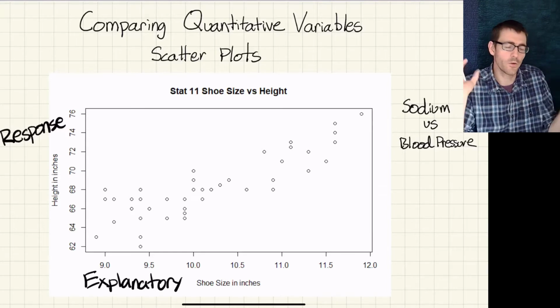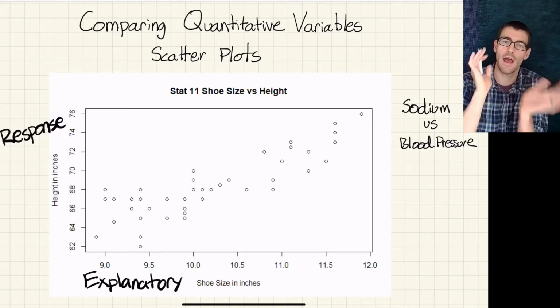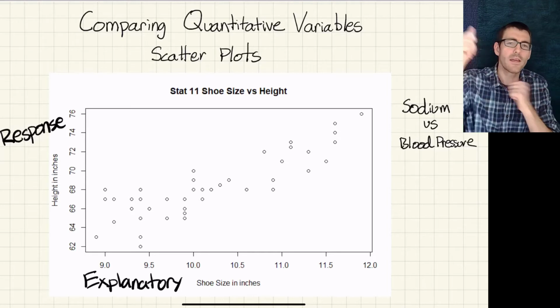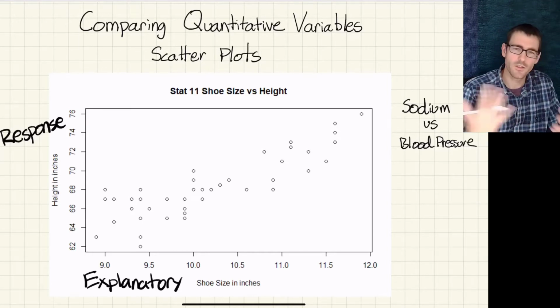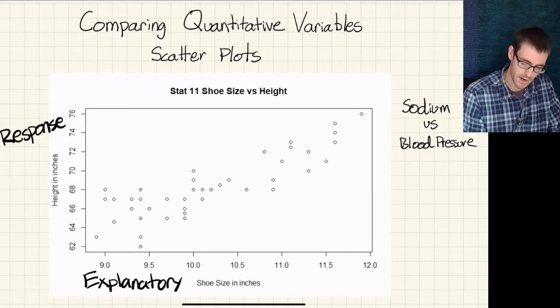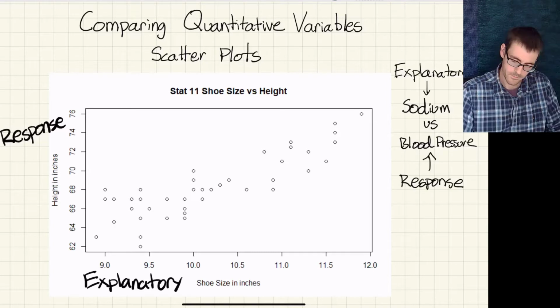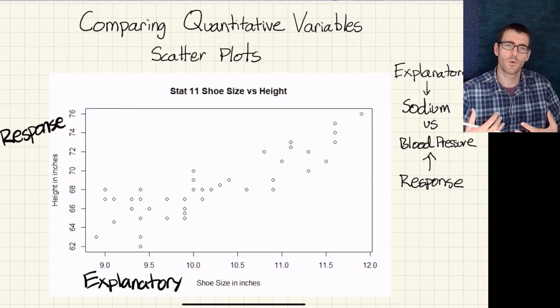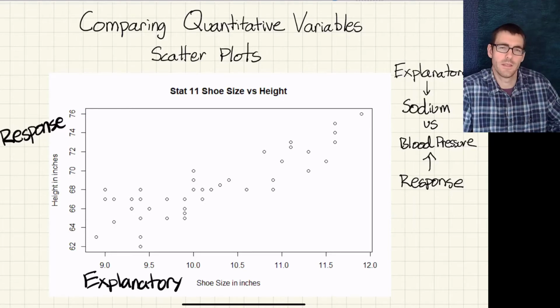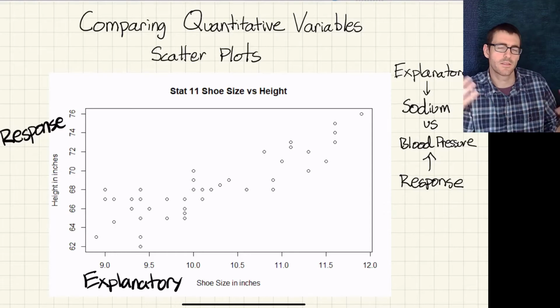And while it certainly is valid to make a scatter plot with either sodium or blood pressure on the x-axis, the general convention is that we want our sodium to be the explanatory variable, and for blood pressure to be the response variable. And again, this is much more about how we intend to use these variables than it is some hard and fast rule.